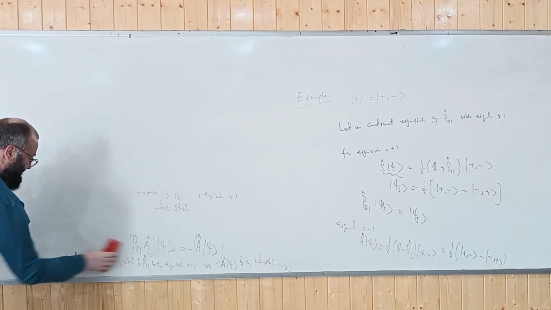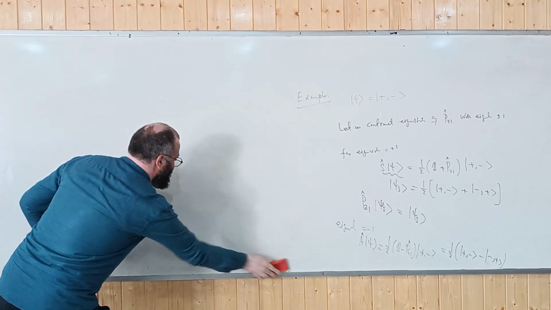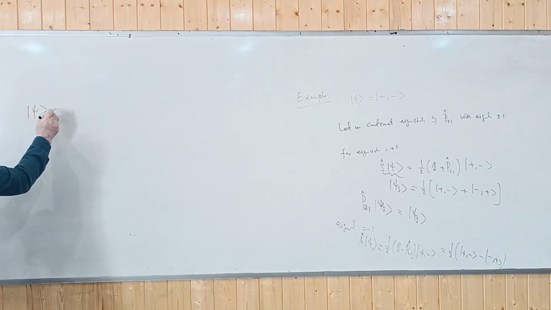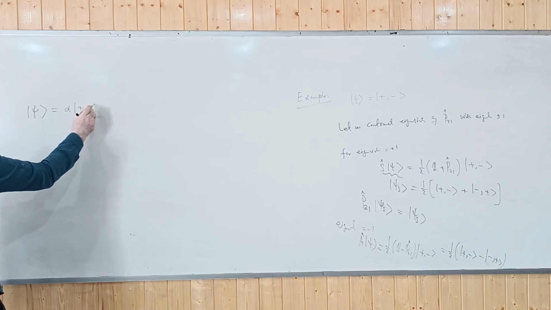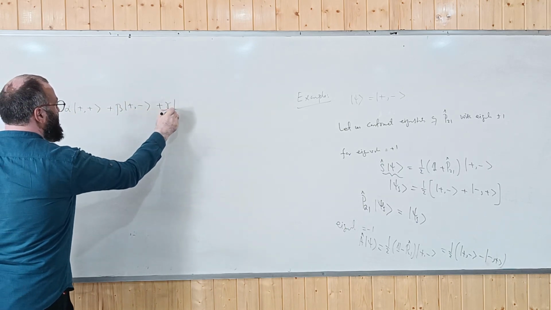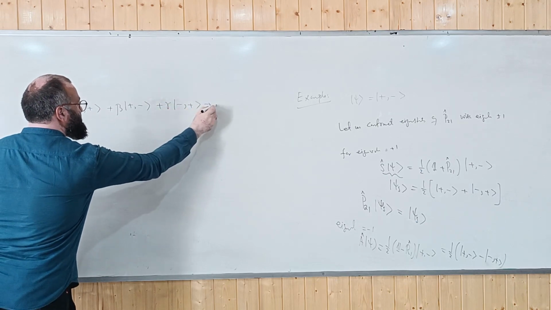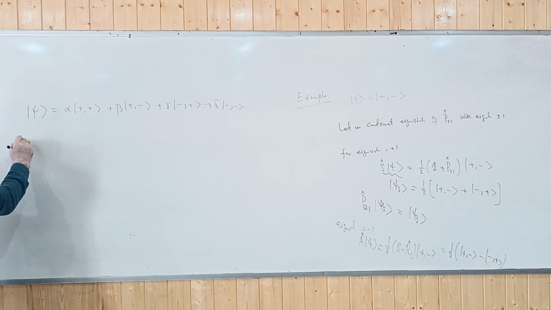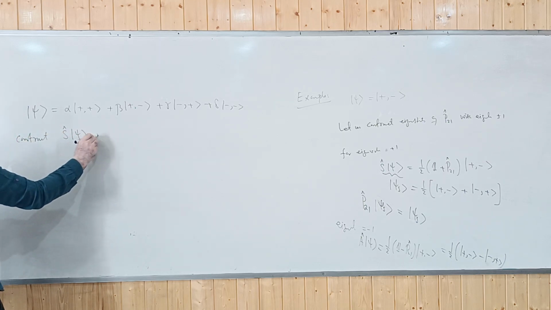Okay. So now let me give you an assignment. It's simple. Do it. Let's say your generic state is psi equal to alpha plus plus plus beta plus minus plus gamma minus plus plus delta minus minus. Construct S psi and A psi.